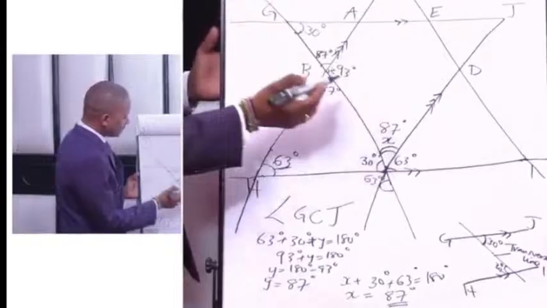So 5C equals 325. For you to get the value of C, divide by 5 on both sides.